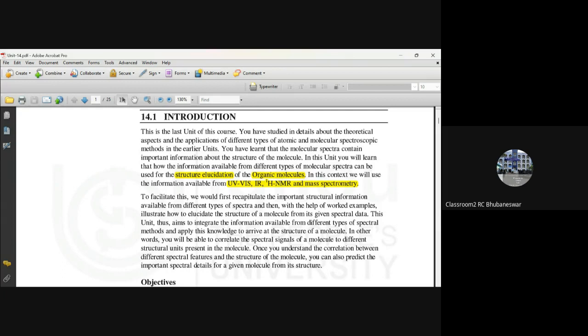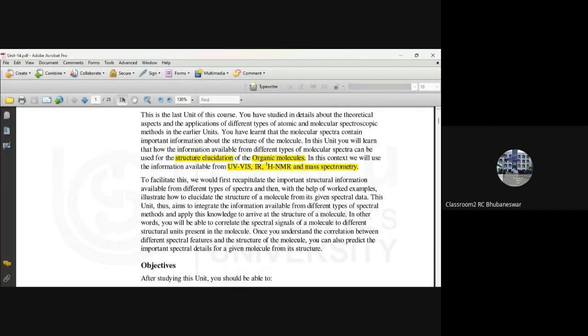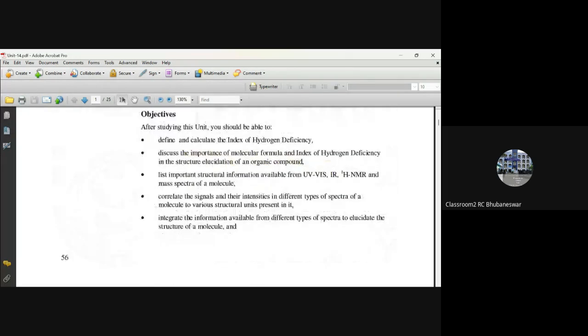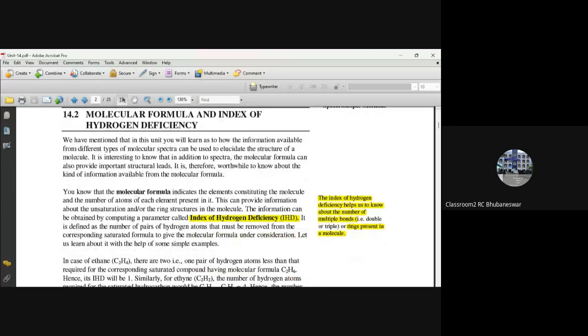Basically, the structural elucidation of organic molecules is done using UV-visible, IR, proton NMR and mass spectrometry. C13 NMR also we use, and mass spectrometry also we use. We'll see one by one.